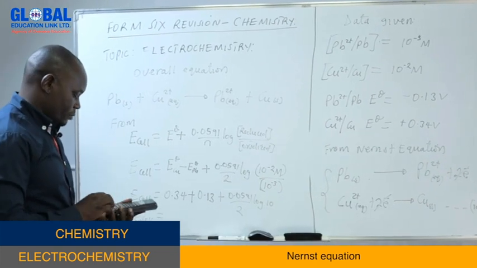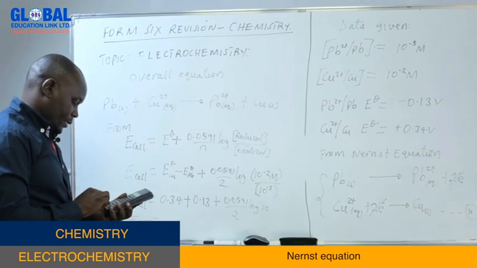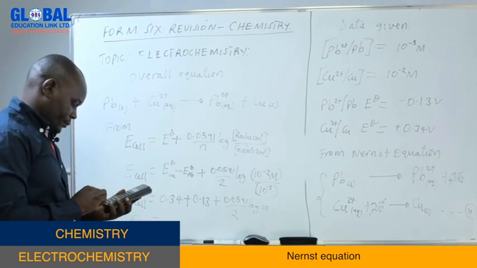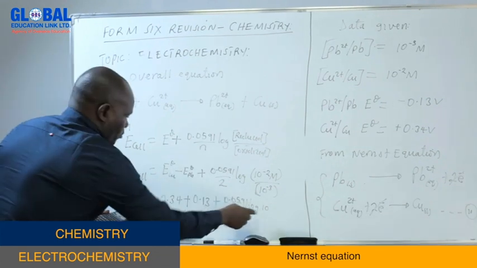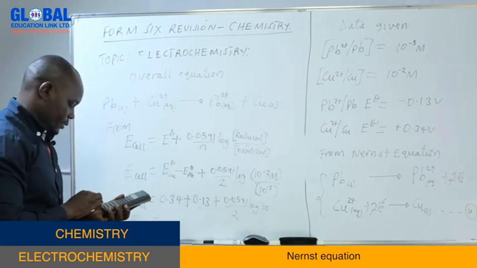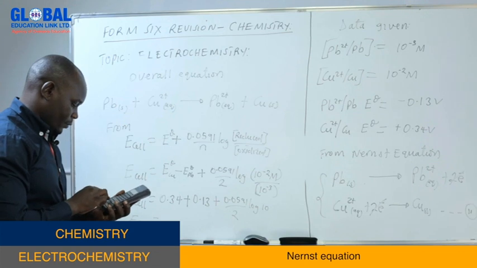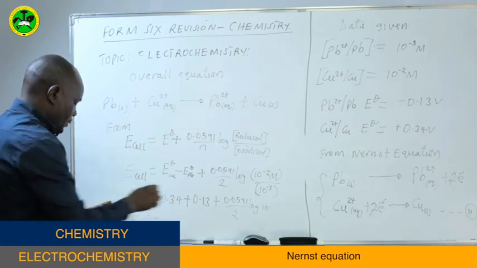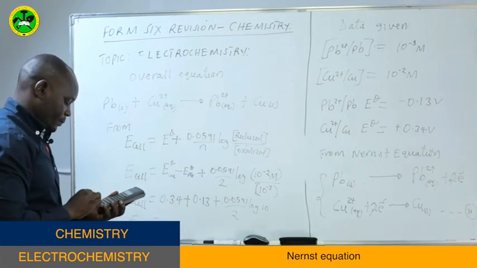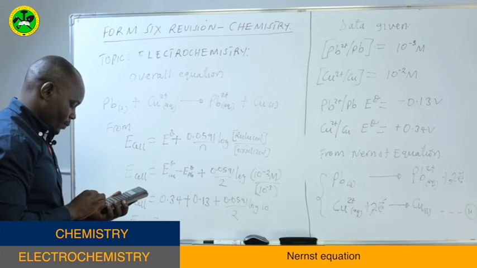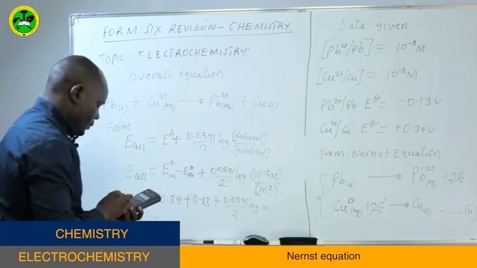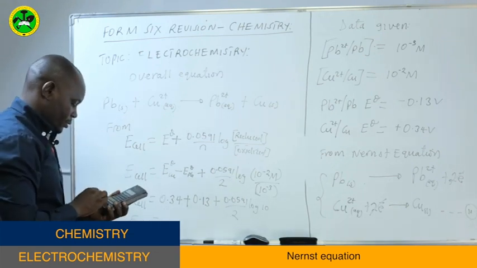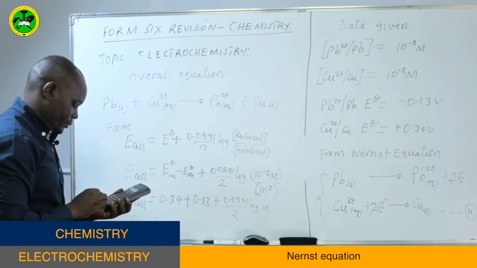Now using our calculator, log of 10 is equal to 1, so it will be 0.34 plus 0.13, then plus 0.0591 divided by 2, then open bracket.